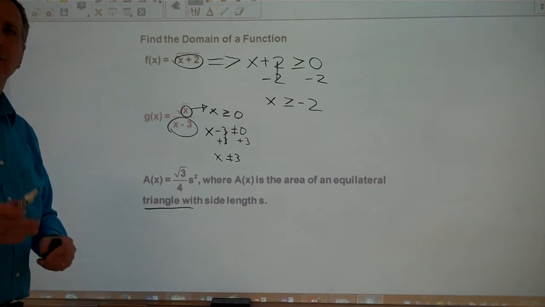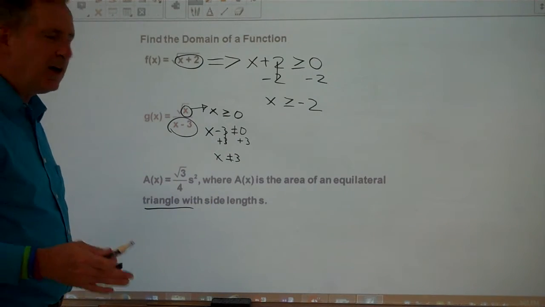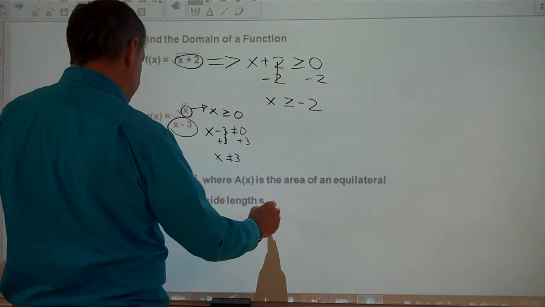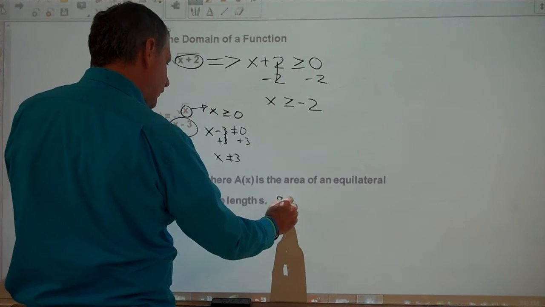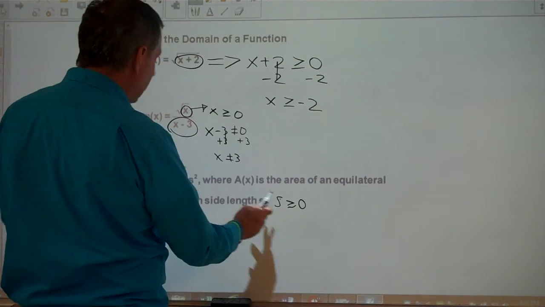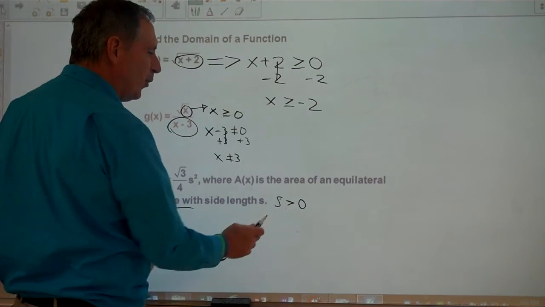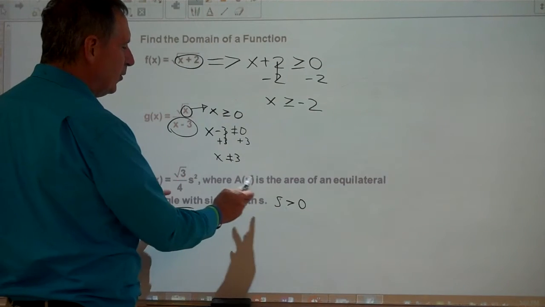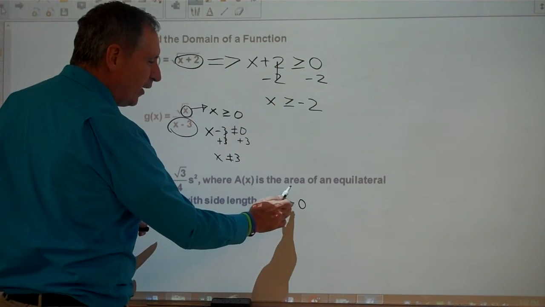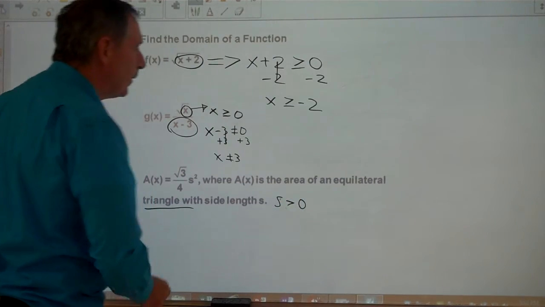You have to have a length of a side. You cannot have negative length. So in this case, we would say that s would have to be greater than or equal to 0. I guess you could even say greater than 0, because you just have a point if the side length is 0, and you start to have a triangle when the side length is greater than 0.